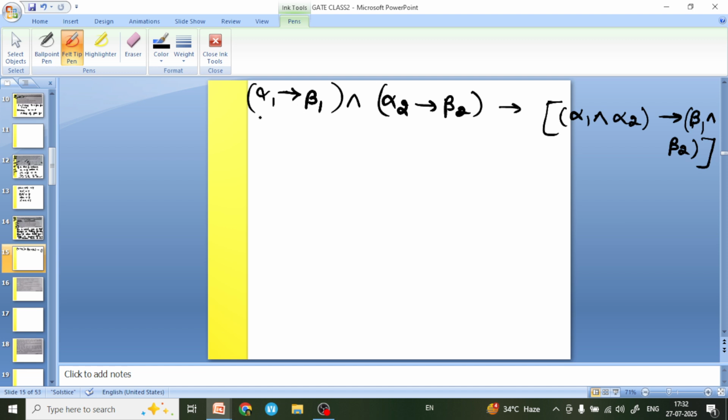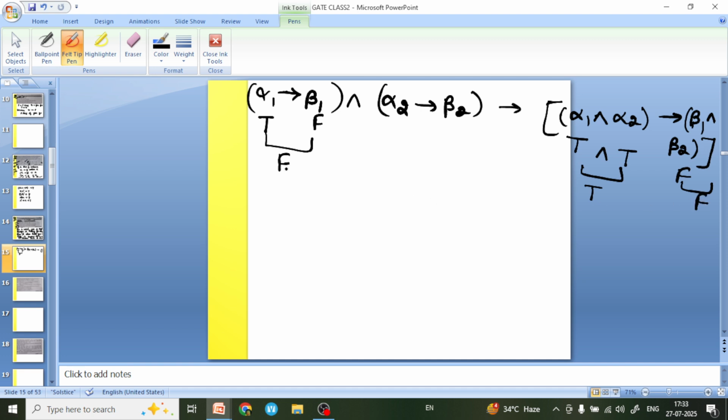Means if alpha 1 is true, then beta 1 false, and both false. And here alpha 1 true and alpha 2 true, then true. Beta 1 false and both beta 2 false.